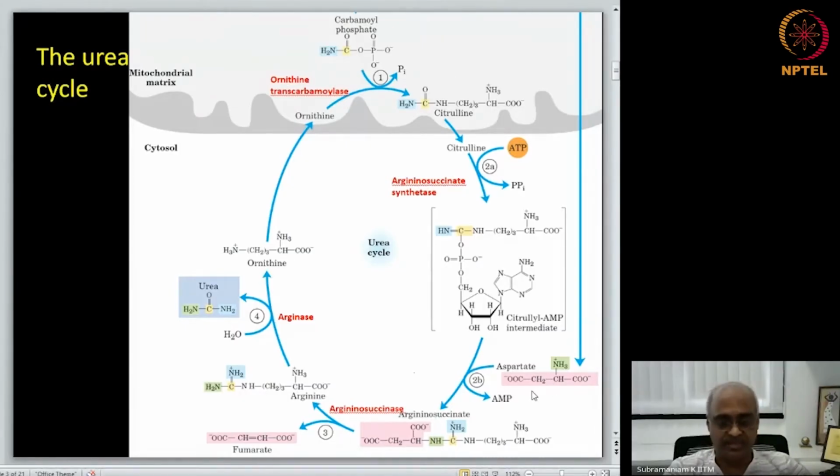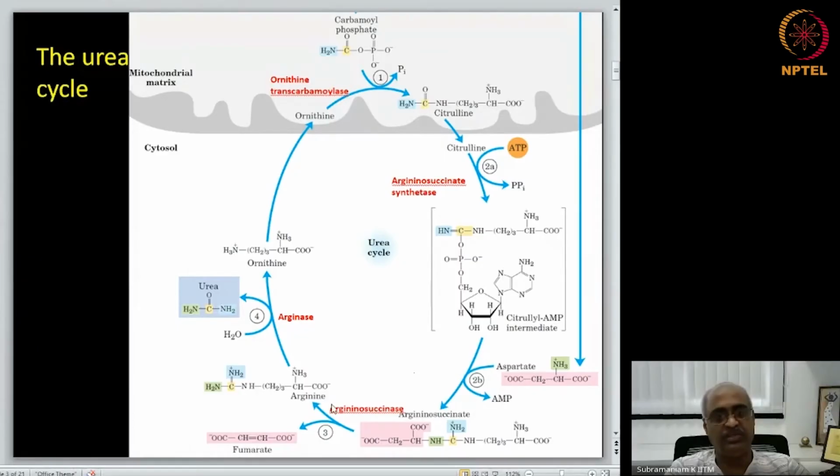So you can easily understand aspartate probably comes from hydrolysis of proteins, and the free amino acid aspartate comes, or oxaloacetate through transamination formed aspartate. You know how aspartate can come. So this is the other amino group, 1 here and the other here 2, and the 2 are preserved even when we remove this aspartate's carbon skeleton as fumarate, and then both of this is removed in the form of urea.